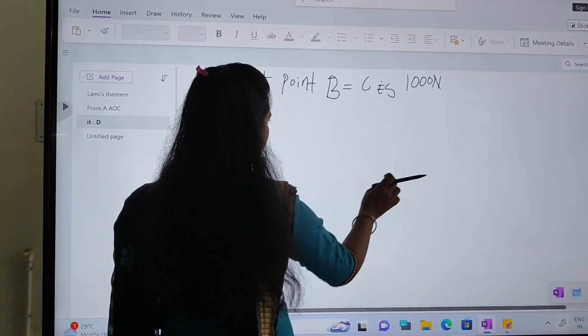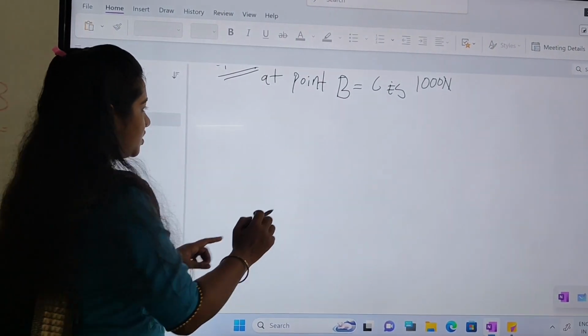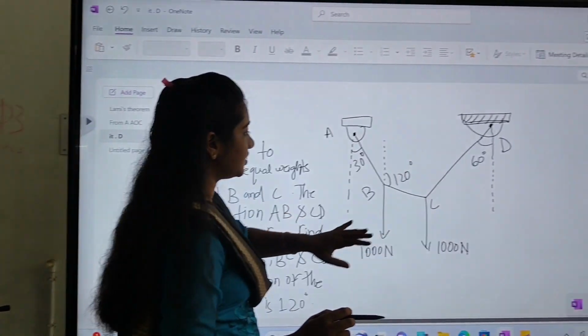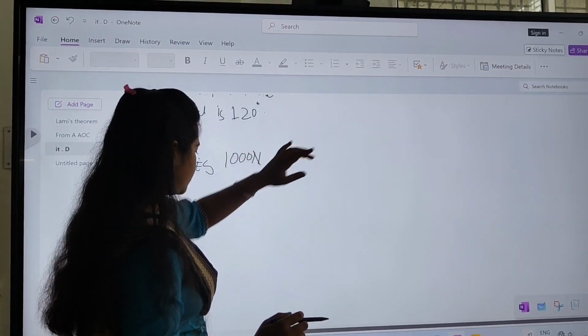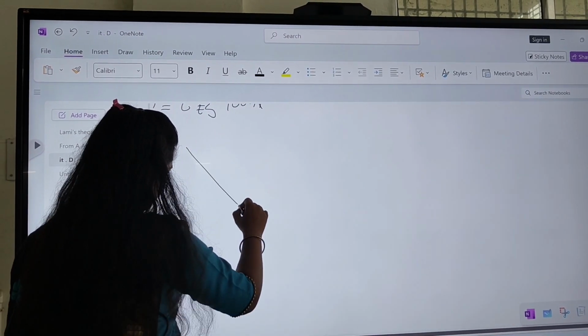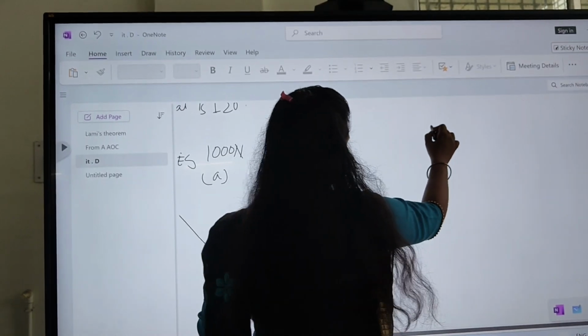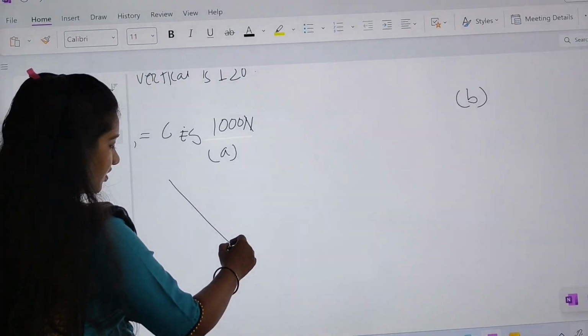Next, we draw a free body diagram. So we divide this side and this side into two sides, first A side and another one is B side. Draw the free body diagram.